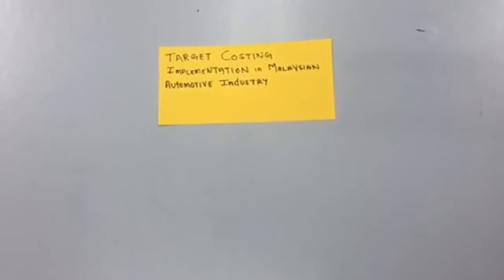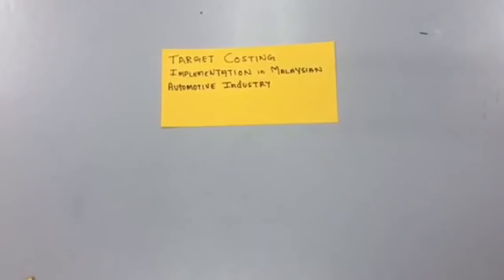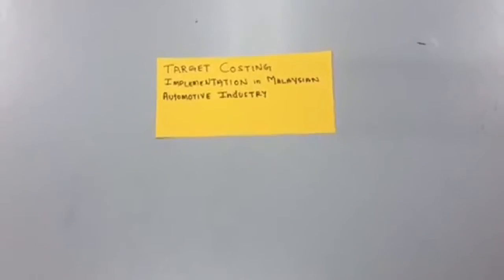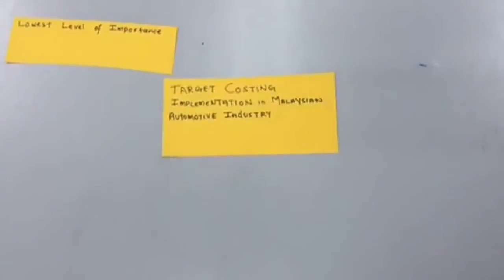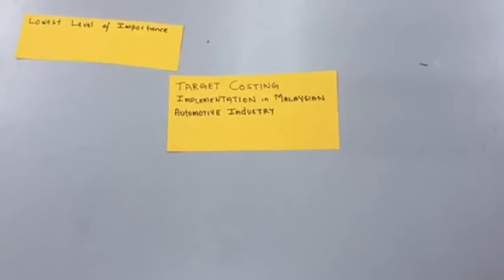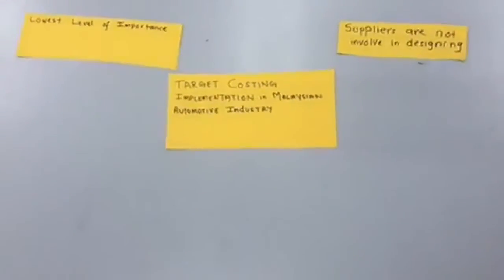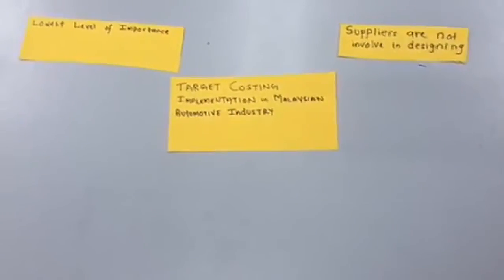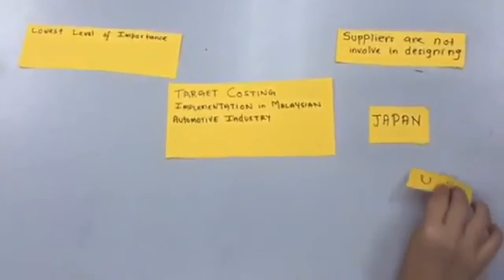In this article, they tell us why in Malaysia target costing is not applicable. First is Malaysians ranked target costing as the lowest level of importance as compared to the other management accounting techniques. Second, most of the time, Malaysians do not involve suppliers in designing their new product, as what Japan and US does.